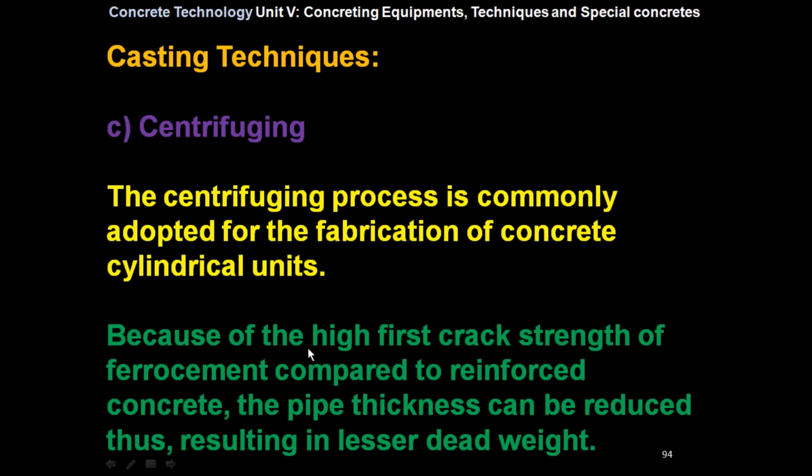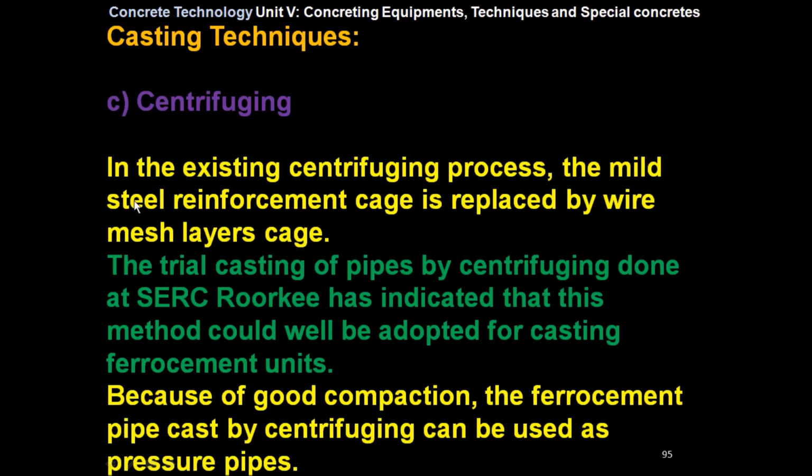Because of the high first crack strength of ferrocement compared to reinforced concrete, the pipe thickness can be reduced, thus resulting in lesser dead weight. In the existing centrifuging process, the mild steel reinforcing cage is replaced by a wire mesh layers cage.